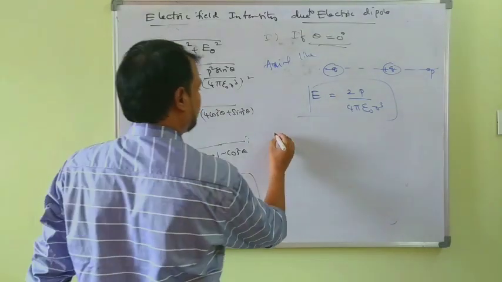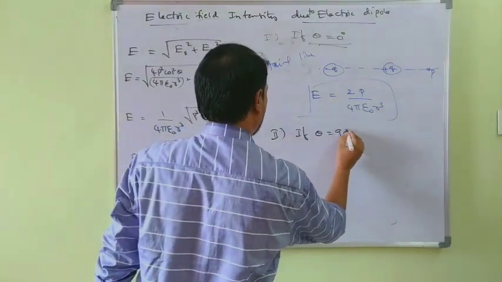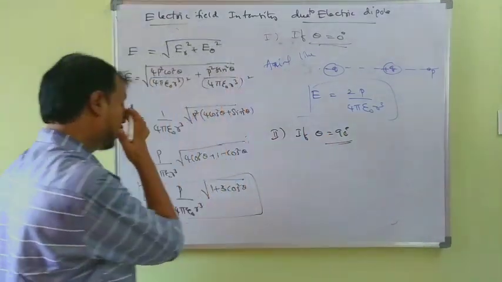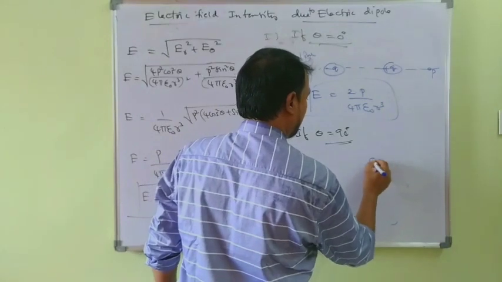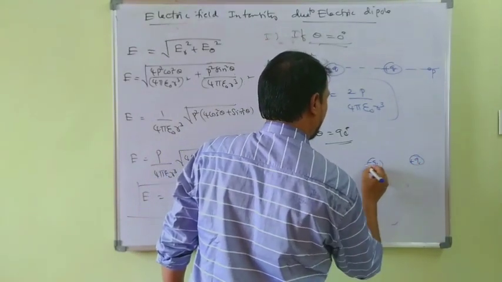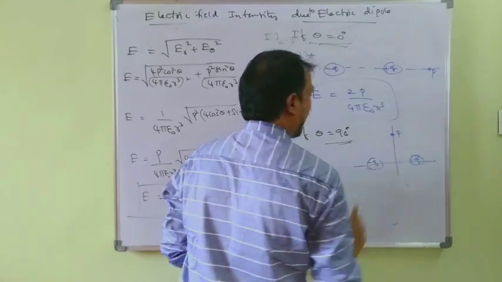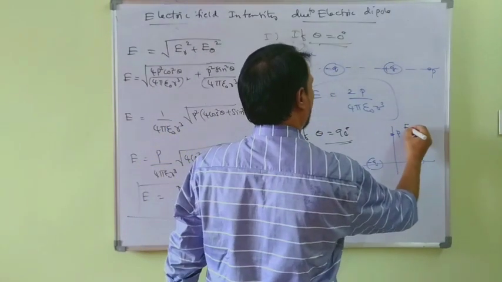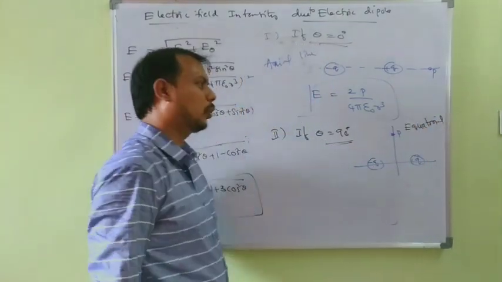Now case 2. If theta is equal to 90 degrees, what happens? Now 90 degrees means this is the electric dipole, the axial line, now point P, and this line is known as the equatorial line. What do you mean by the equatorial line?